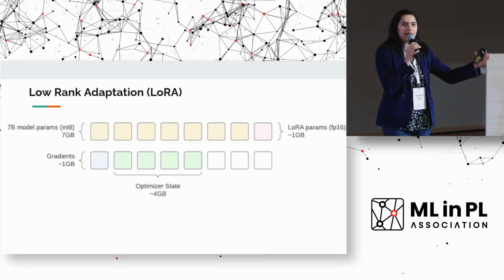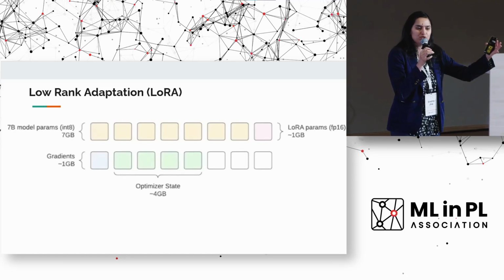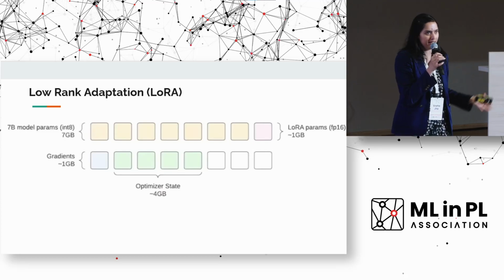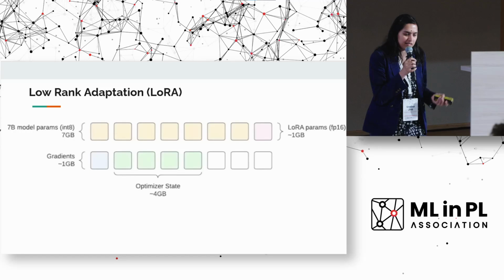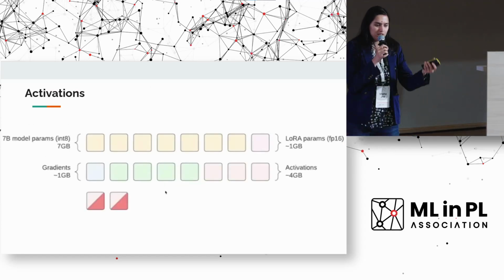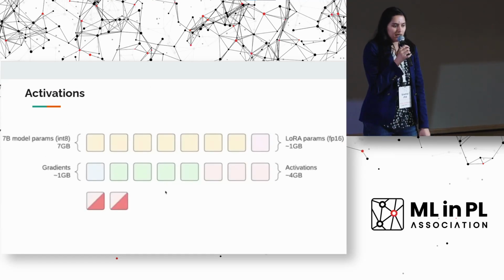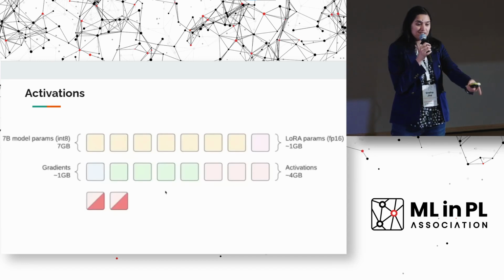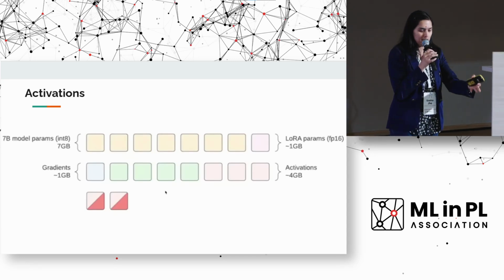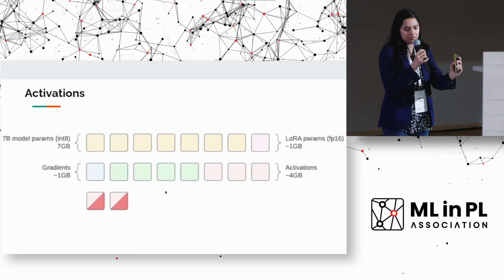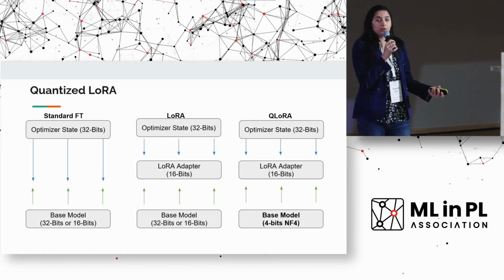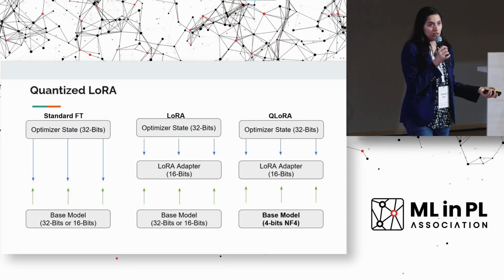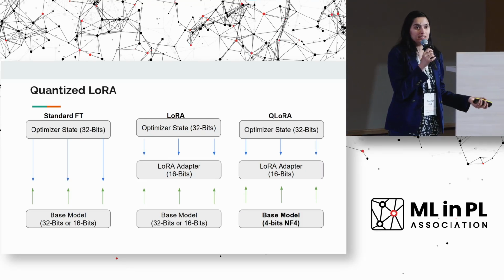You're not every time needing to change or modify each of your layers, right? That's what it means by weights being intrinsically low rank. One additional point: activations do have to be taken into account, but again, it's a very small portion of that. If we could go from 32 to 16, we can go from 16 to 8.